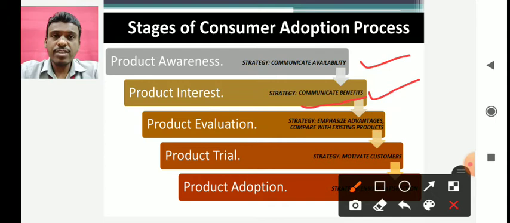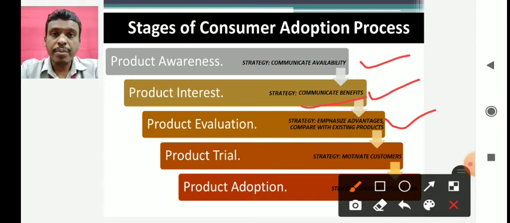Once interest is generated and the consumer has gathered a lot of information about it, the third stage the consumer goes through is product evaluation. This is the stage where our product is evaluated, especially with respect to the competitor products, that is, existing products.